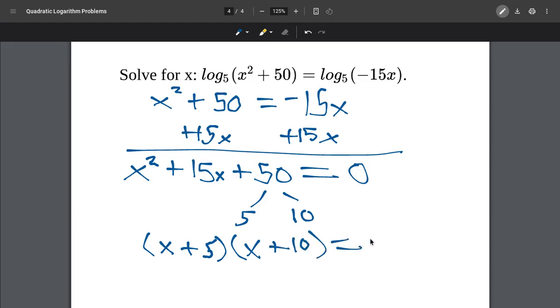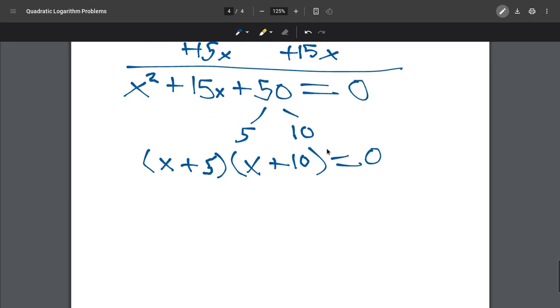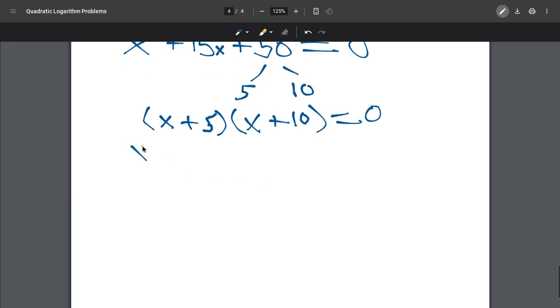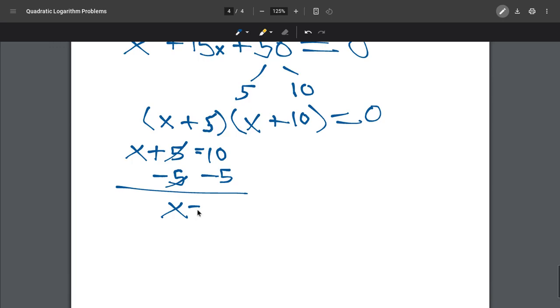That equals 0. All right, so we set x plus 5 equal to 10. So if I subtract 5 from both sides, these are going to cancel, and I'll get x equals 5.